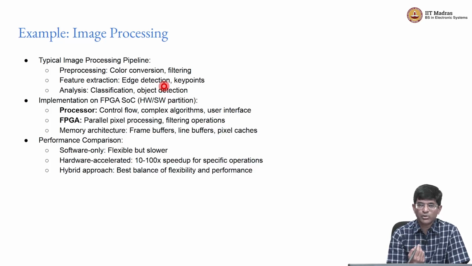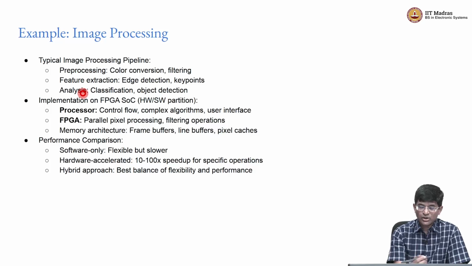All of those would be key points that need to be identified, and there are standard algorithms that can help to identify such things. Analysis could be something like, when an image is seen, what is the content of the image? Is there a bicycle in the image? Is there a dog in the image? And what should be done accordingly when you see certain kinds of patterns in the image.